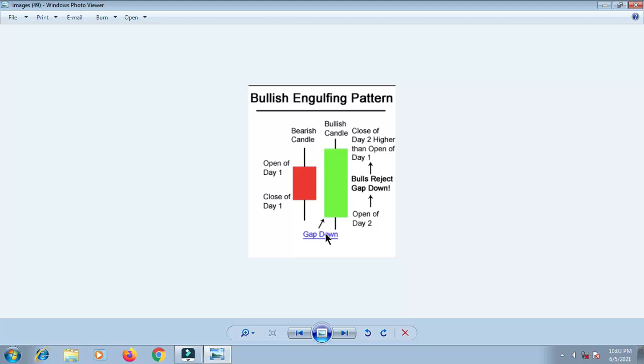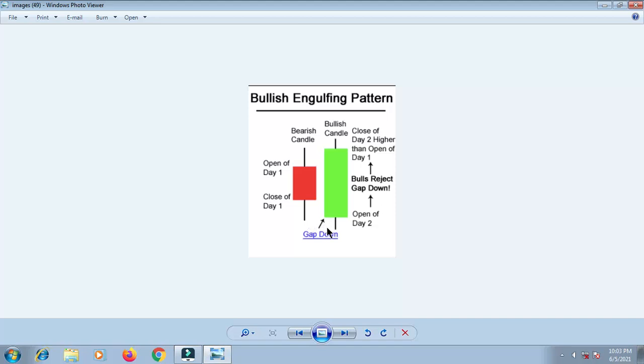Suppose this candle closed at 100, and the next day it opened gap down. If it opens below this 100, suppose at 95, there is a gap of 5 points, and this is called the gap. Since it opened on the downside, it was a gap down.